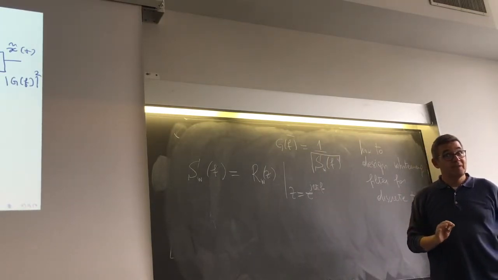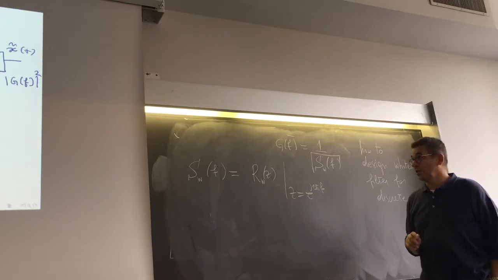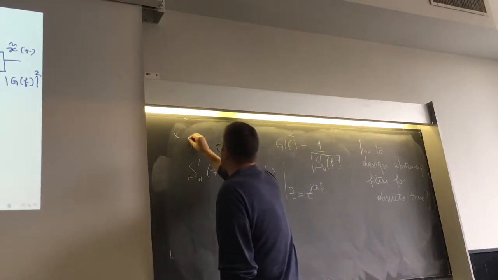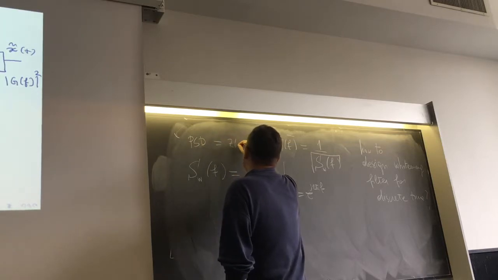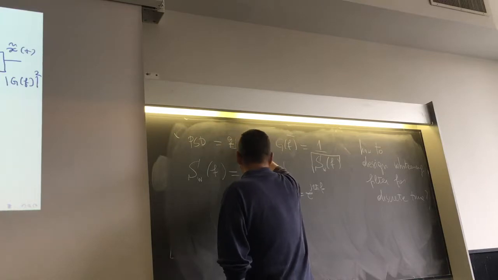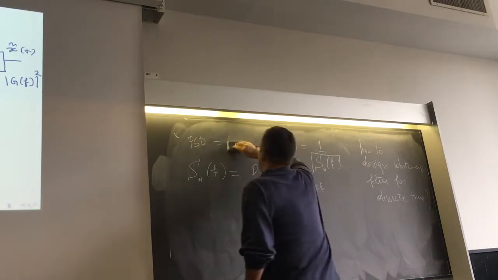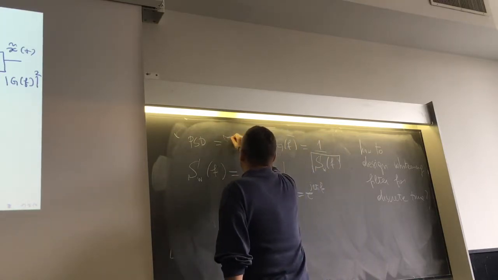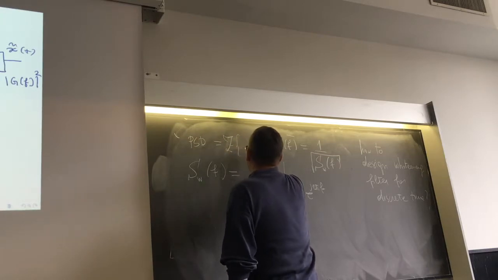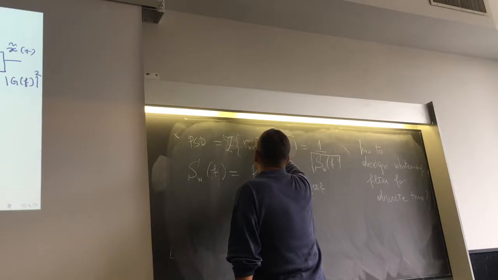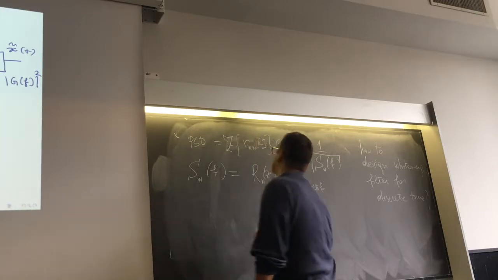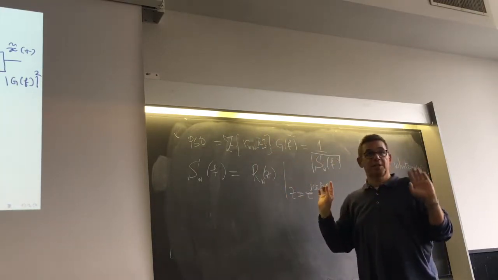Right? By the definition, power spectral density is equal to the Z transform of the autocorrelation sequence. Okay? This is what is written there.